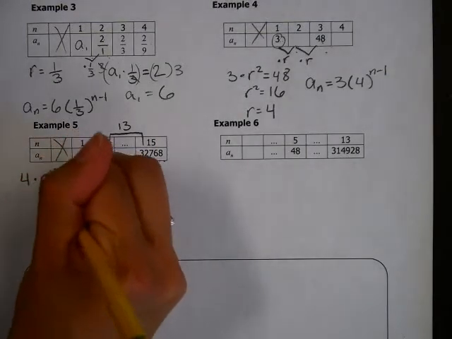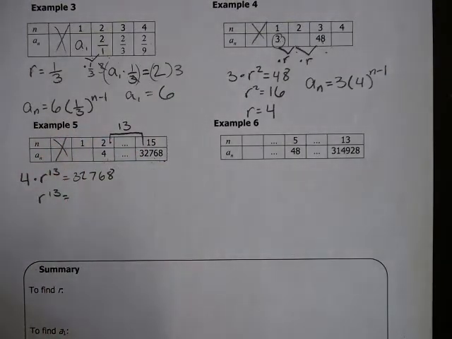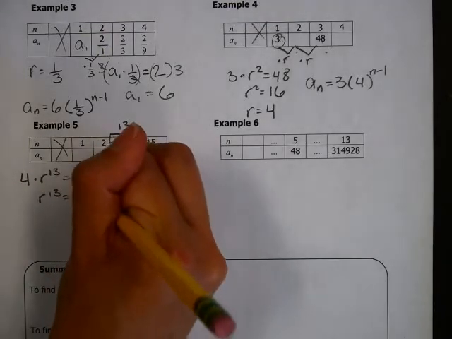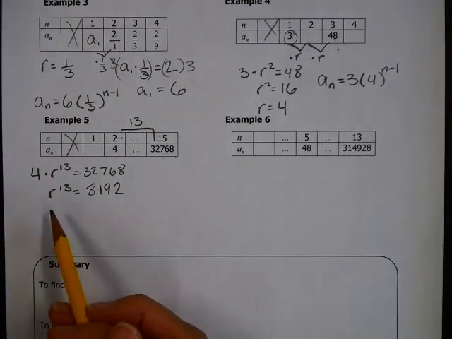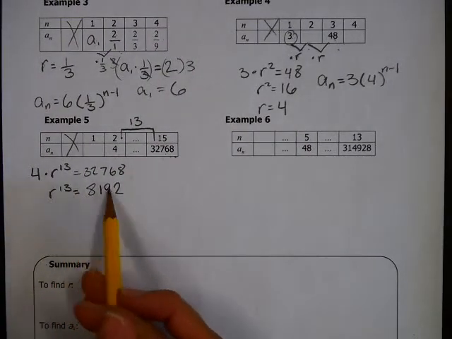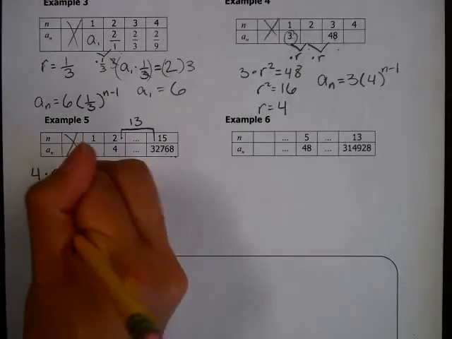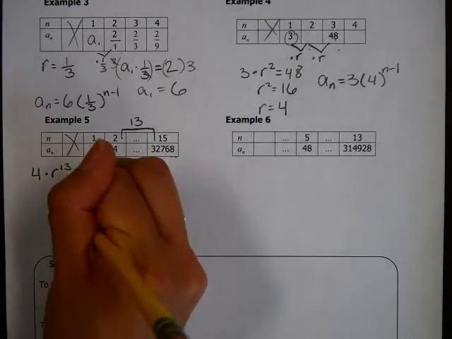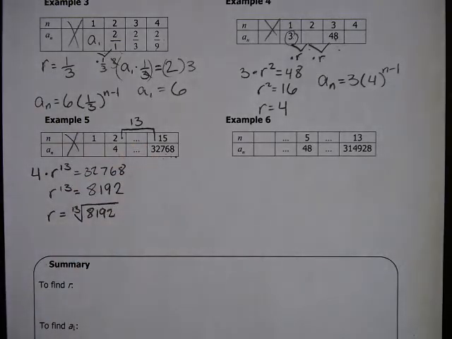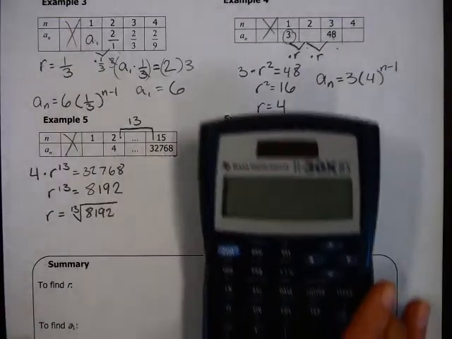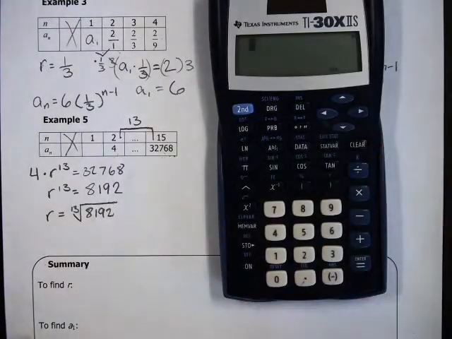Divide by 4. We get 8,192. Now, in order to figure out what r is, we need to take the 13th root of both sides. So remember, on your calculator, to do the 13th root, you're looking for that button that is the square root but has an x in front.